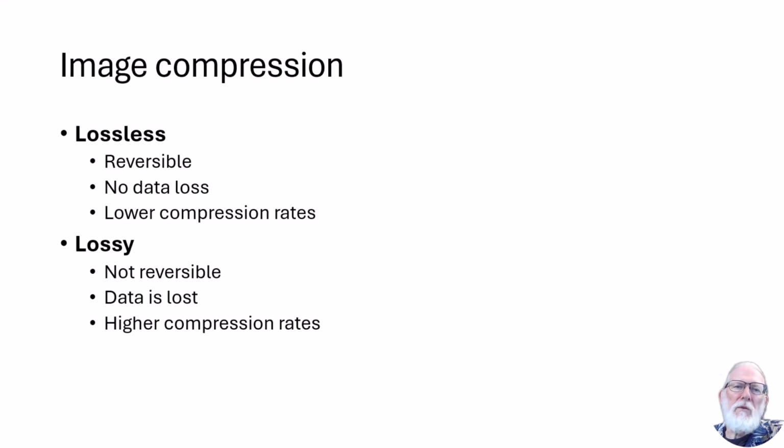But it'll never be exactly the same thing we started with. And thus there is data lost in the process of the compression. But because we're able to lose some of that data, it does mean that we can have higher compression rates, and therefore the files will be typically smaller with a lossy compression algorithm than with a lossless.